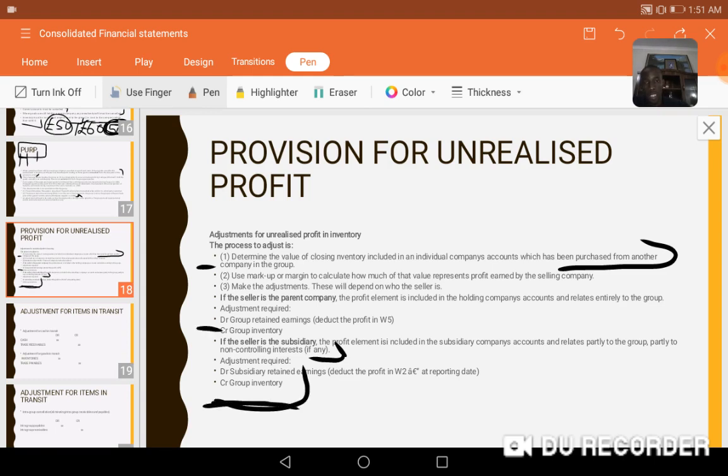These are the same. Crediting group inventory, we're simply removing the transaction, because you know inventory is a debit. Therefore, every time you credit, either you are cancelling or removing, or you are selling. So in this case, we are cancelling or removing. We are not selling. Okay.